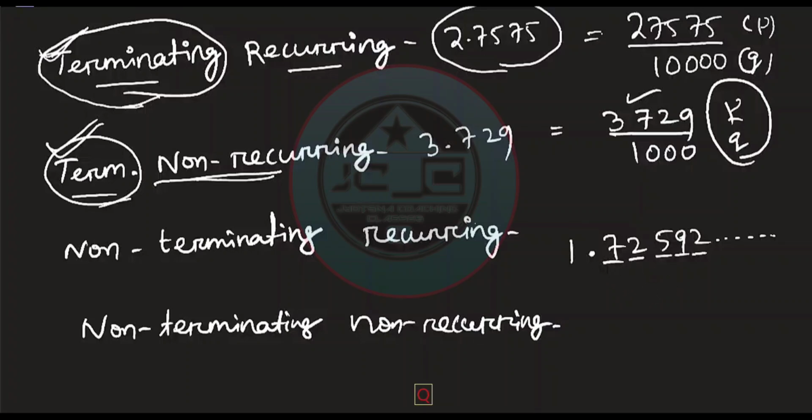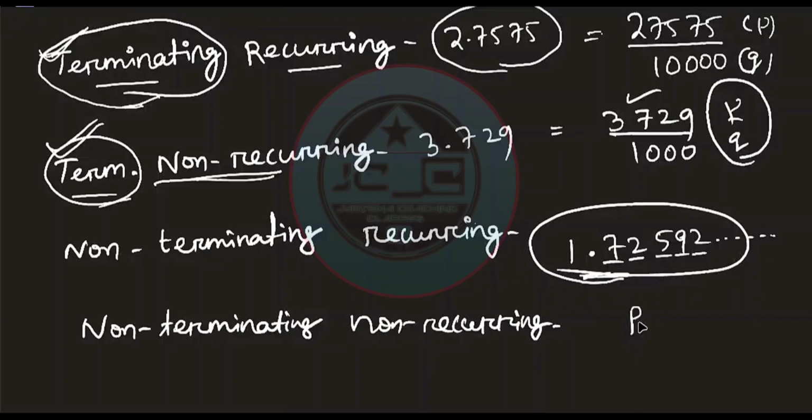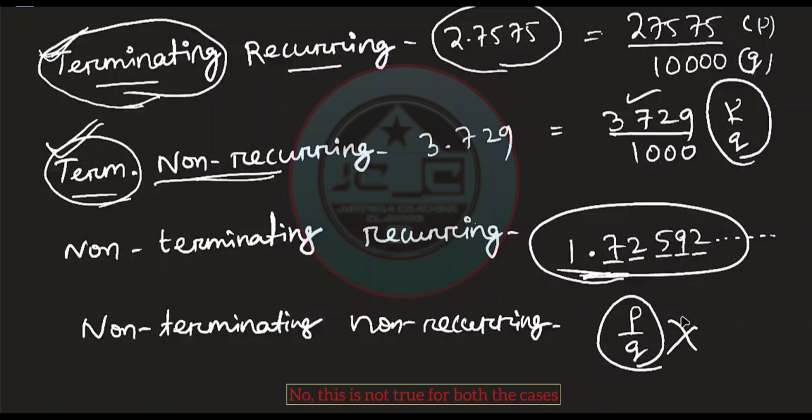Since we do not know, we cannot put the same number of zeros after 1 in the denominator. So we can never write it in p by q form. Is this true? No, this is not true for both the cases.